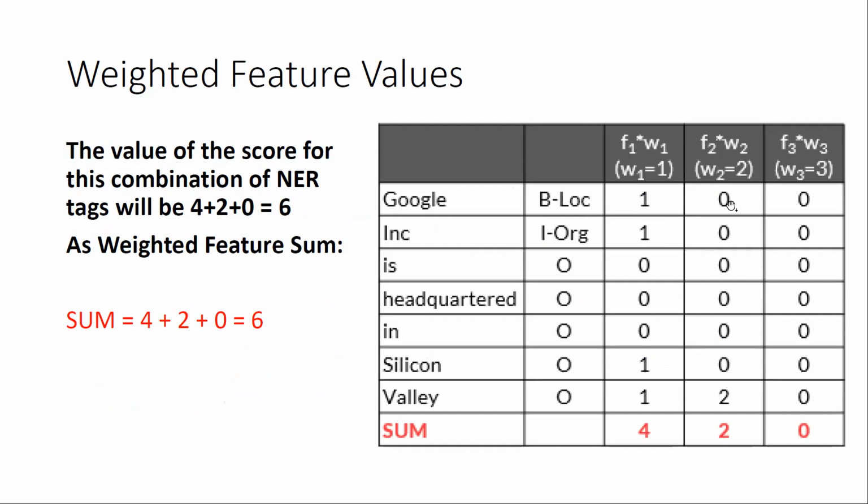Because in the second column we had 1 at valley and all the others were 0, that's why we have multiplied it by 2, and my column sum is 2. Similarly, we multiplied all of these 7 values by 1 only, so the total sum is 4 for this column, and similarly the last one is having 0 because all of them were 0. So the score for this combination is 6. The weighted feature sum is 6.